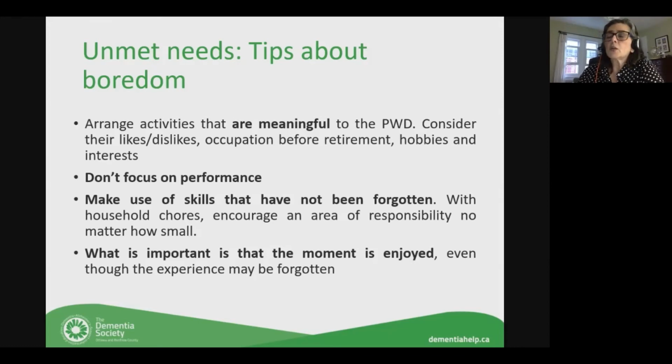So obviously what is meaningful to them, their likes and dislikes, think about the individual. And obviously someone who has never been a tech wizard won't be enjoying technologically mediated activities as someone who perhaps enjoyed those things before.